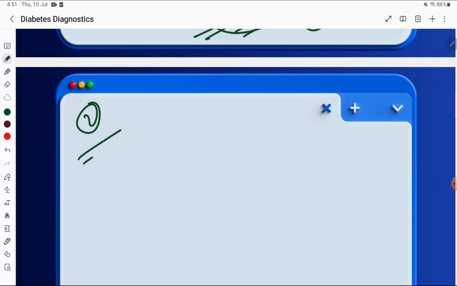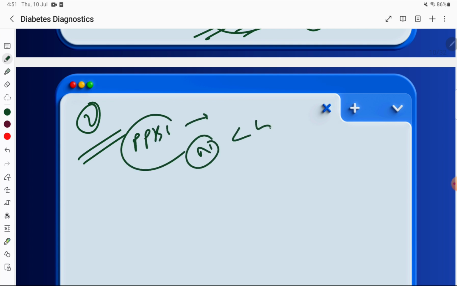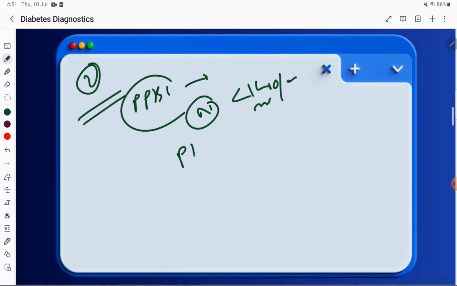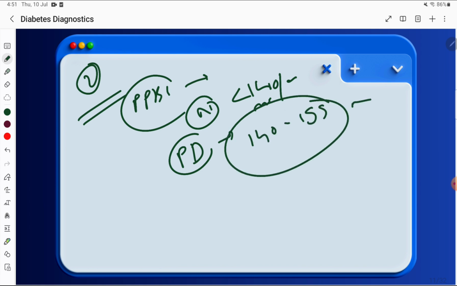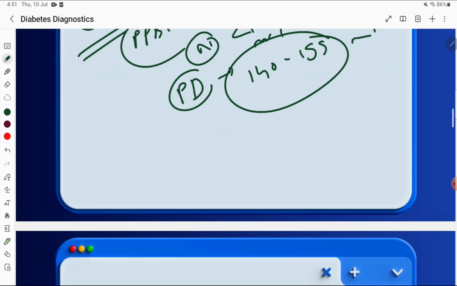Now the reference ranges for postprandial blood sugar: normal is always less than 140 milligram per deciliter. In a pre-diabetic case, it could range between 140 and 199 mg/dL, and in a confirmed case of diabetes mellitus, it is always equal to or more than 200.